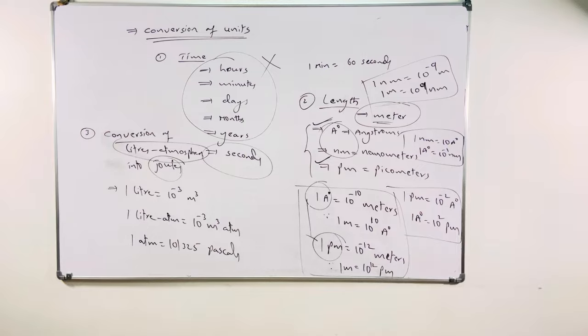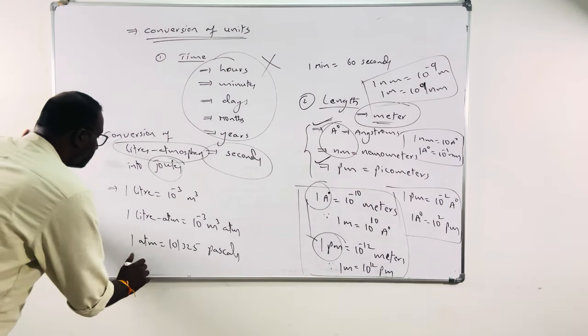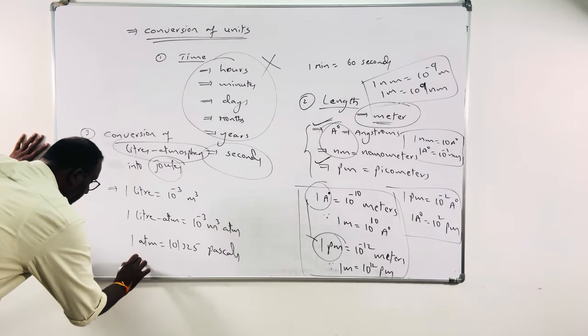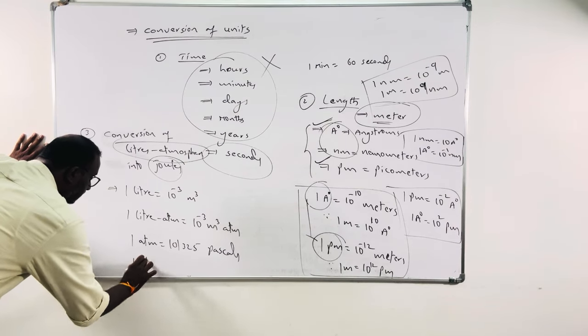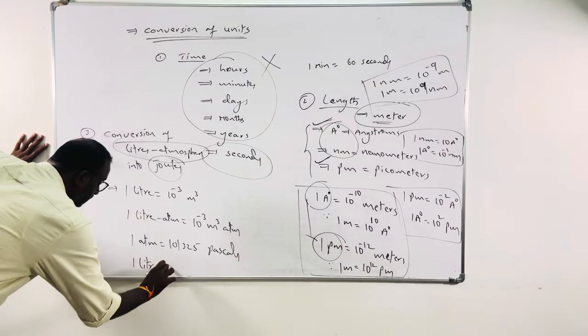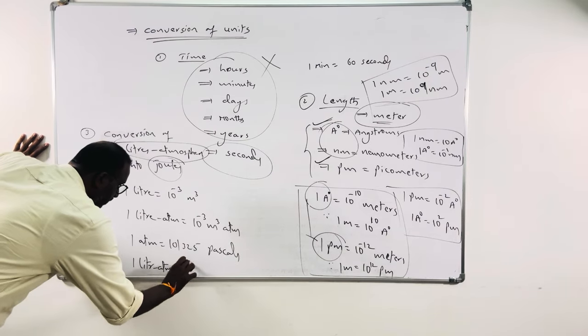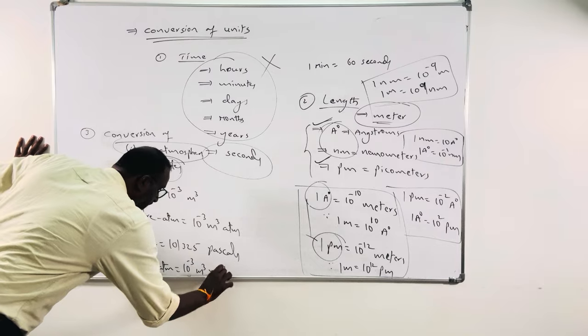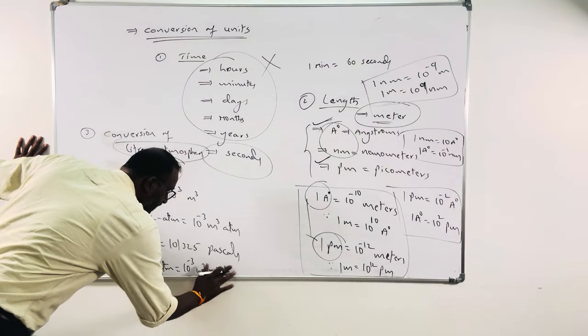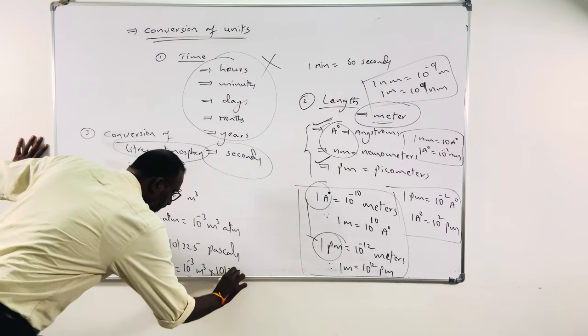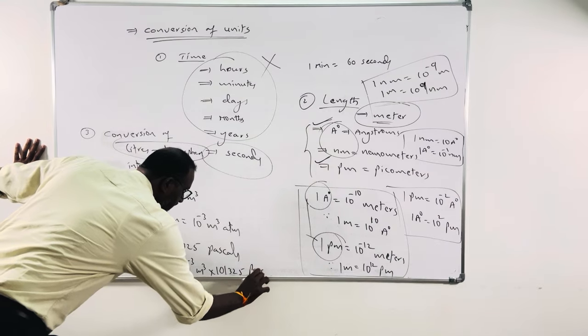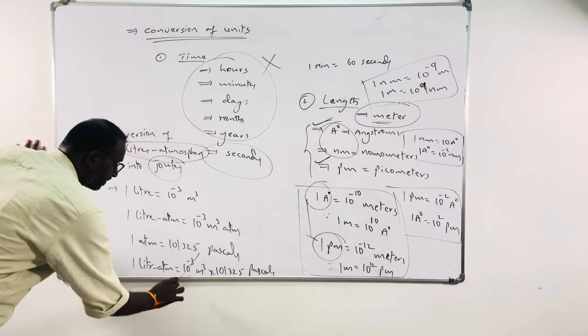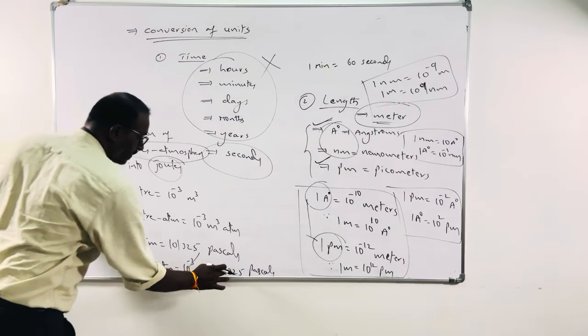So if you write that into liter atmospheres, 1 liter atmosphere equals 10 power of minus 3 meter cube into 101,325 pascals. 10 power minus 3 times 101,325, we can write here as 101.325.